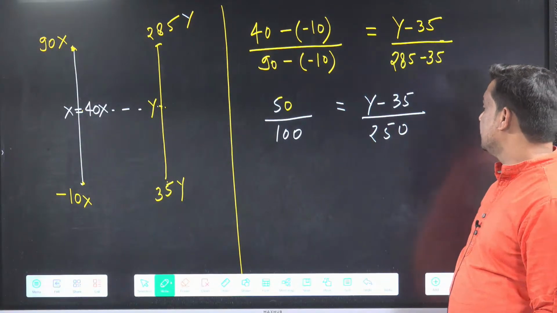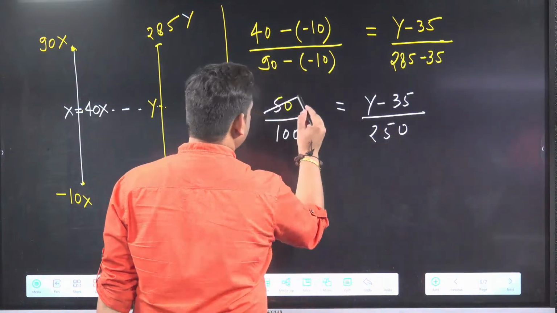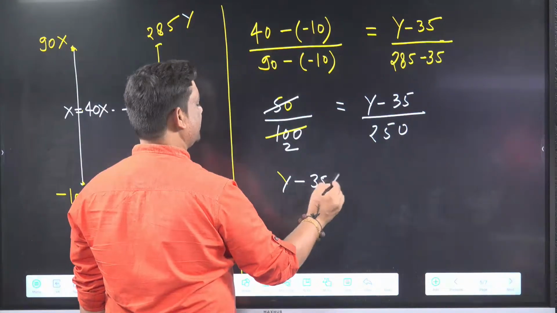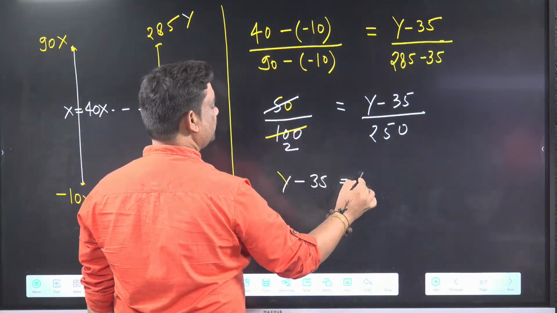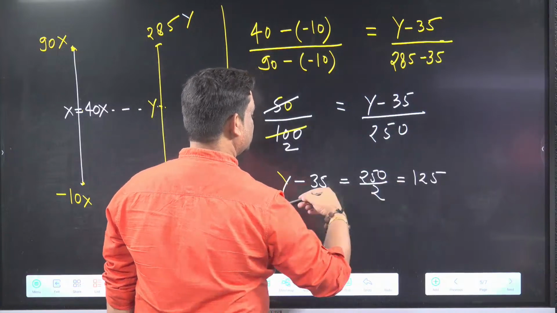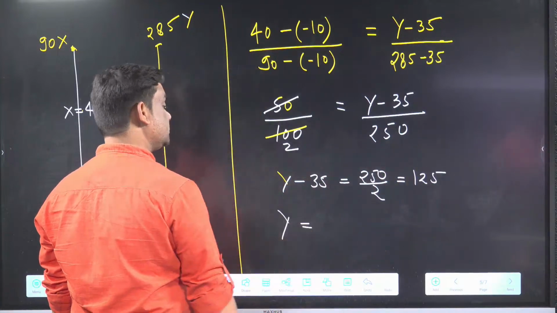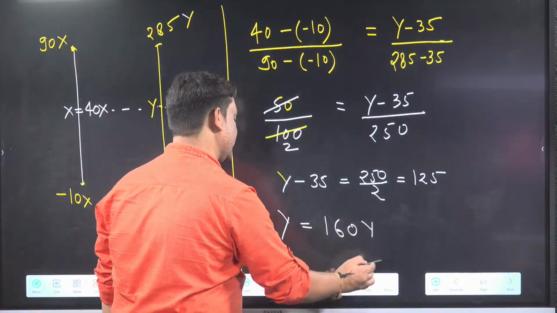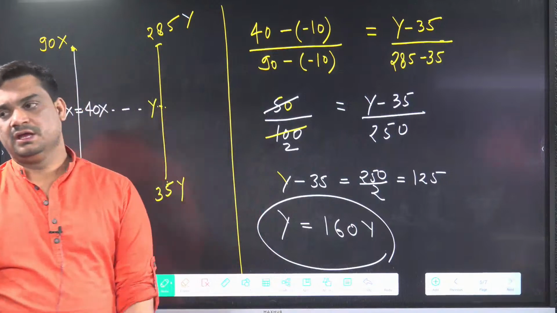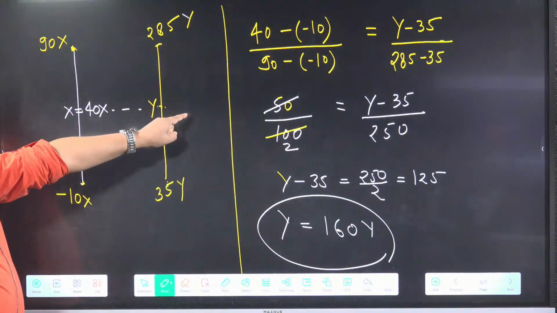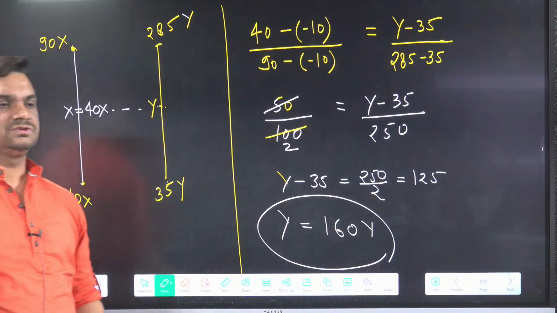This one is 2, and if I take y minus 35, it becomes 250 by 2, and 250 by 2 I know is 125, and this goes to that side. So this becomes 160y. So this is the answer: the equivalent value of 40x is 160y. I hope this question is clear.